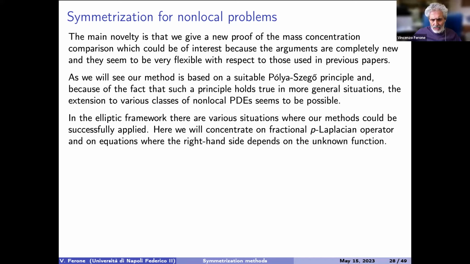And I have to say that very recently, we have been able to treat with the same methods also the case where in the non-local operator you have a very general kernel, which is not just 1 over |x minus y| to the power n plus 2s.